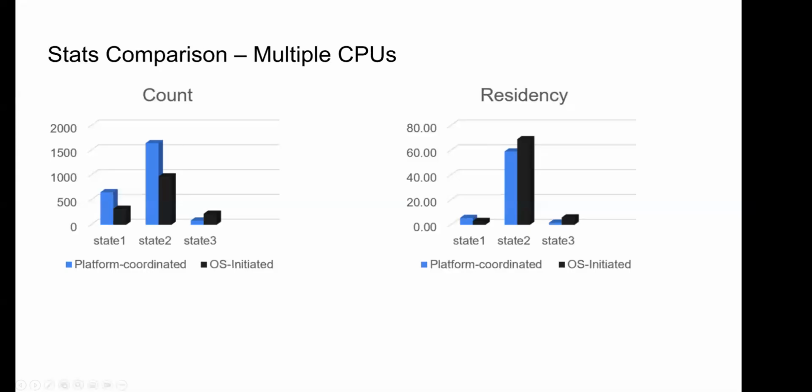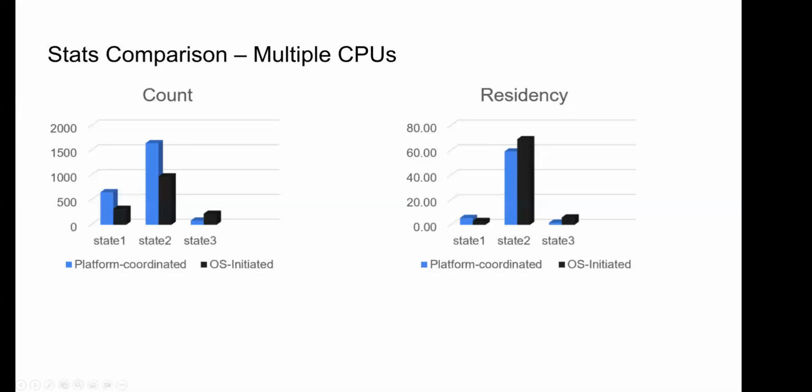So in conclusion, the OS initiated scheme scales well with multiple CPUs, in the sense that it is able to achieve results similar to the single CPU case even with multiple CPUs, whereas with the platform coordinated scheme, the deeper states residency is reduced.